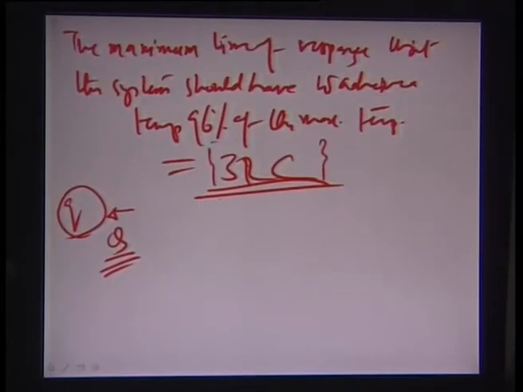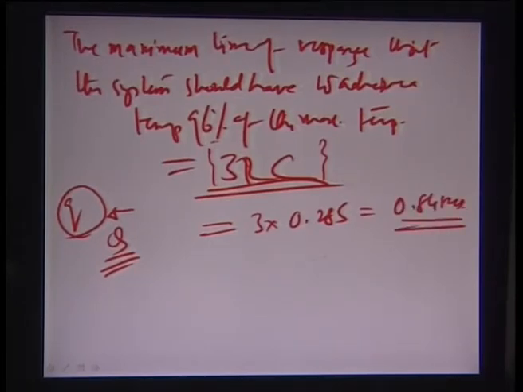So the maximum time that you can allow for the system to ramp up to 96% of maximum temperature in our case is about 3 times 0.28 seconds, which is about 0.84 seconds.